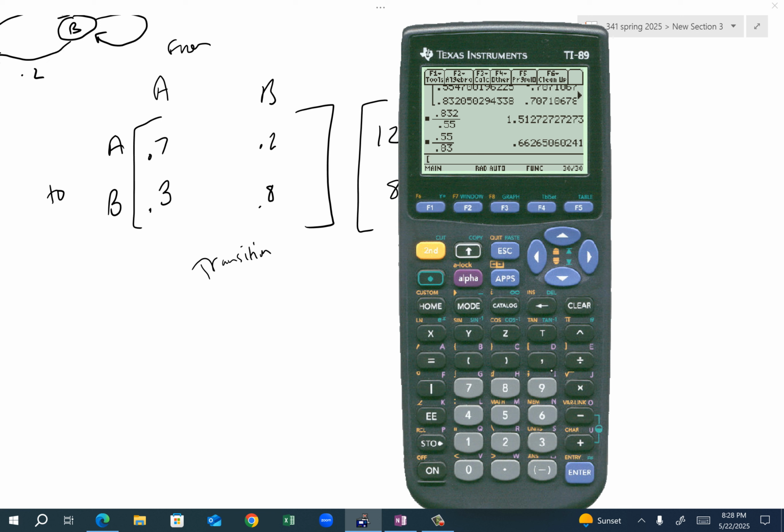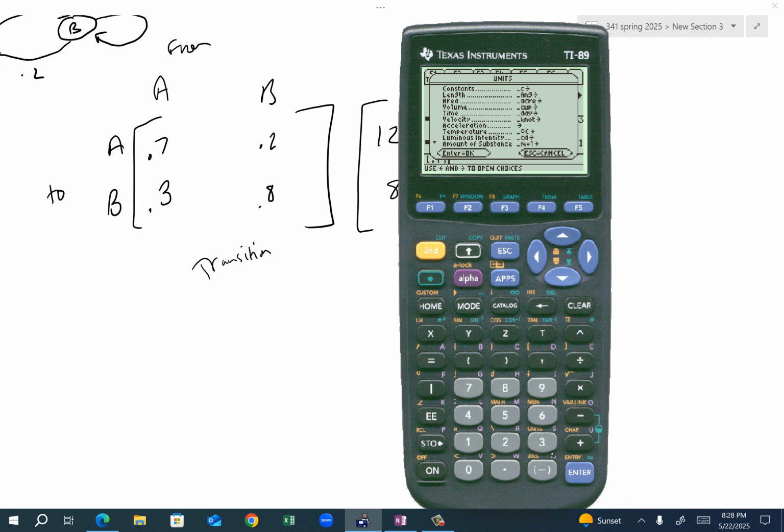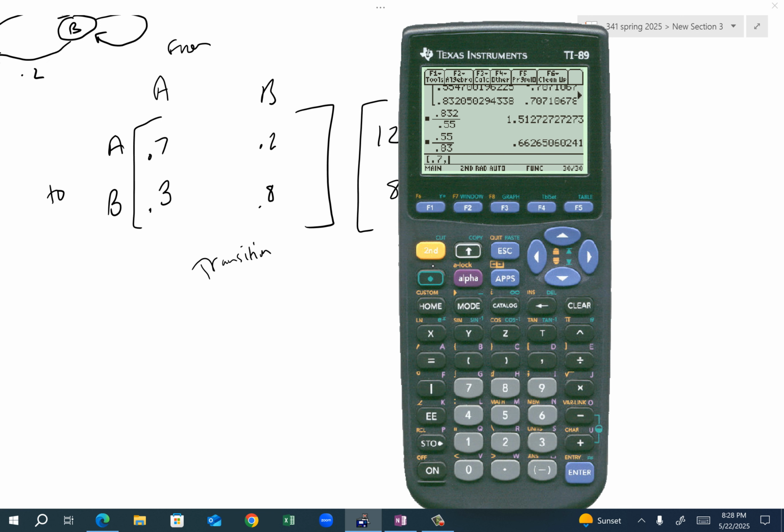Then from there I'm going to go to the next one. 0.3, rather 0.2. And so we're going to say, okay, here I am now. Now what? Well, I'm going to do it again. And then what now? Well, I'm going to do it again. What now? Well, I'm going to do it again.